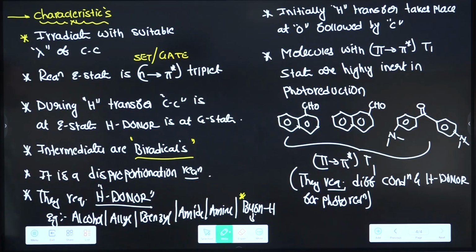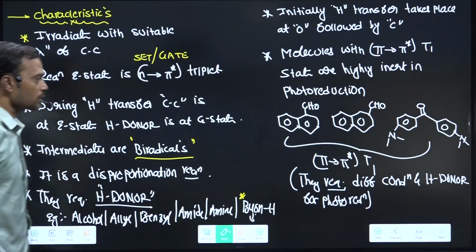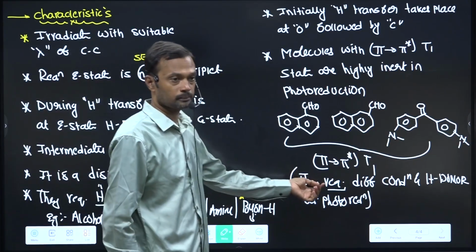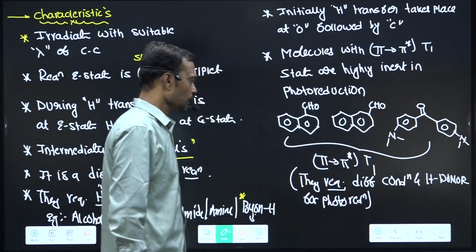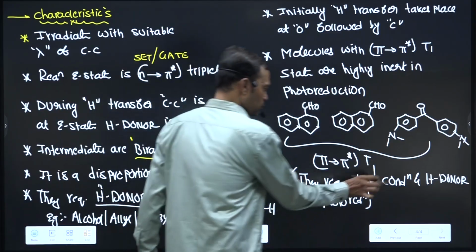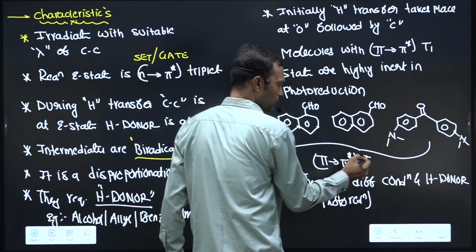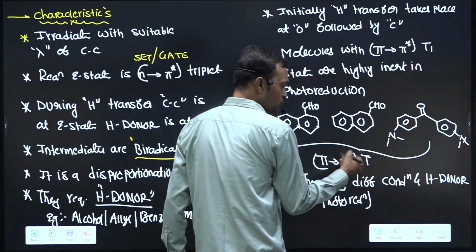If these molecules are present anywhere, don't go for photoreduction. They are highly inert because pi to pi star is efficient in that one, not n to pi star. In this one n to pi star is possible, pi to pi star is possible too, but pi to pi star is more efficient.